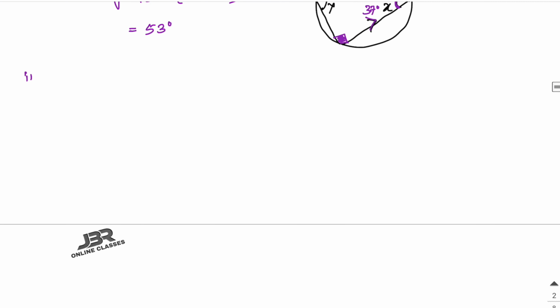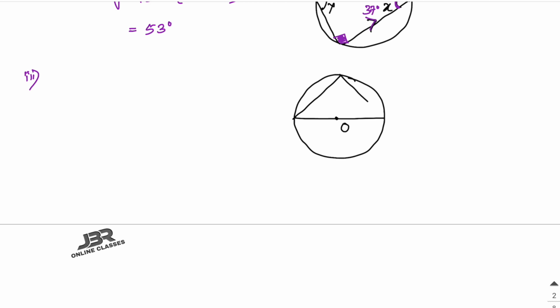Now next, number 3. The third one here, first we have to draw the diagram. So it's a circle, so that one equal to diameter. Here O is the center. It's a triangle. These two sides are equal. So if these two sides are equal, then definitely this angle is equal to this one, because isosceles triangle.